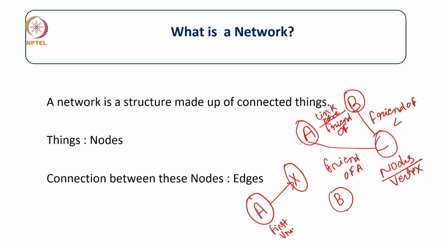If we see this network diagram, we can easily say that A and X have an edge between them, and hence they are connected with each other. So we can say that university A has collaborated with industry X, but B does not have any collaboration with industry. There is no edge with industry X or any other industry. So B has not collaborated with any industry.